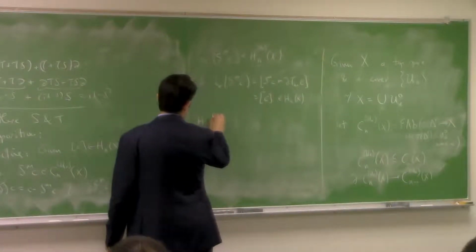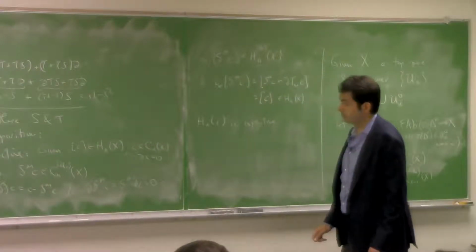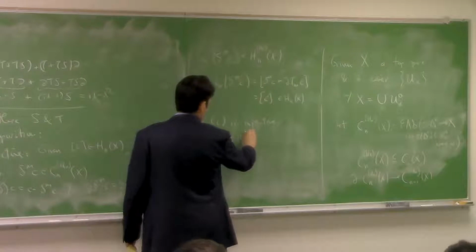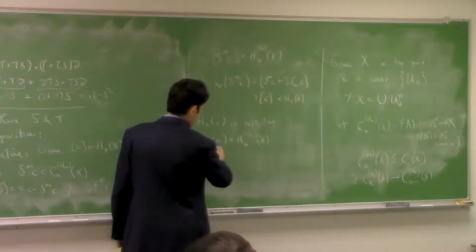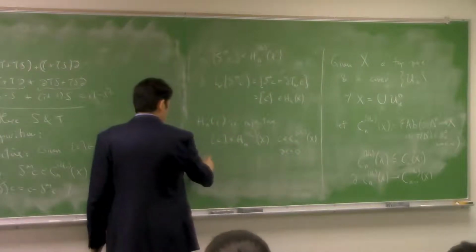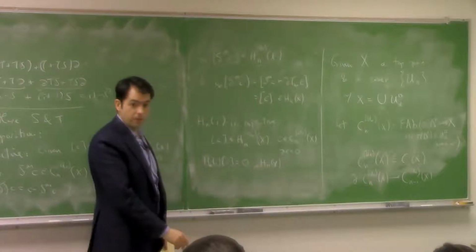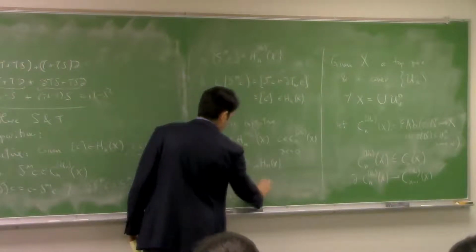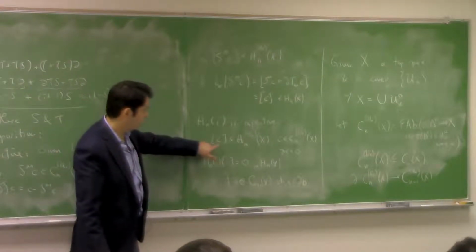And let's check that it is injective. So assume that you have a class in Hn U alpha of X such that, so this is represented by a chain in here with boundary of C equal to 0, and assume that Hn i of C is equal to 0 in Hn X. That's the same as saying that there exists a B in Cn plus 1 of X such that C is equal to the boundary of B. I want to show that actually the class you started with was 0.